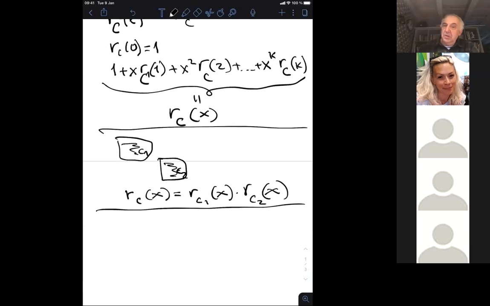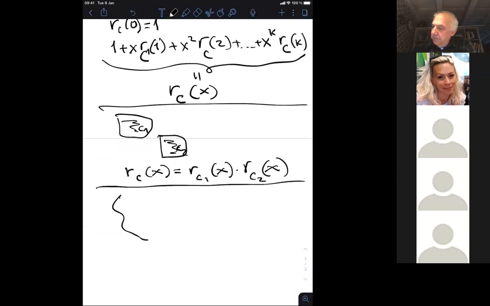Then the other basic property is very nice. It says that we can calculate our polynomial by induction, by going down. Namely, if we have a chessboard and a chosen square, then we can introduce two operations.